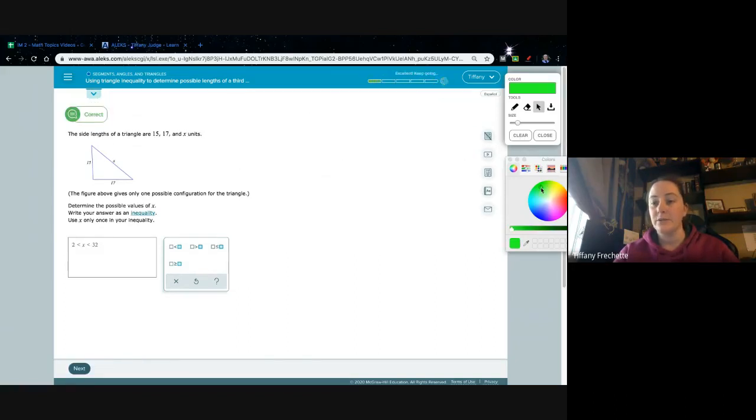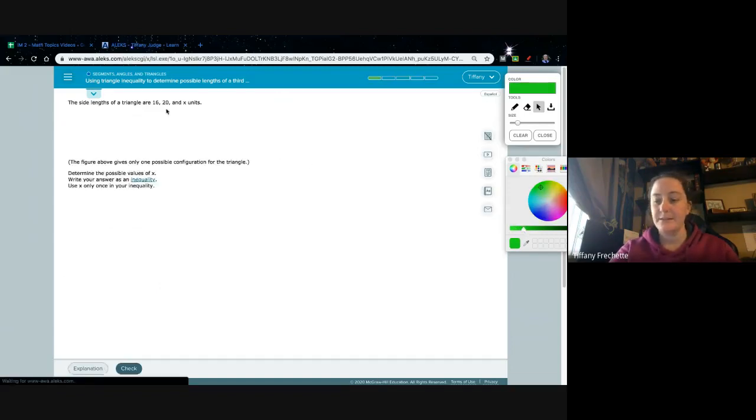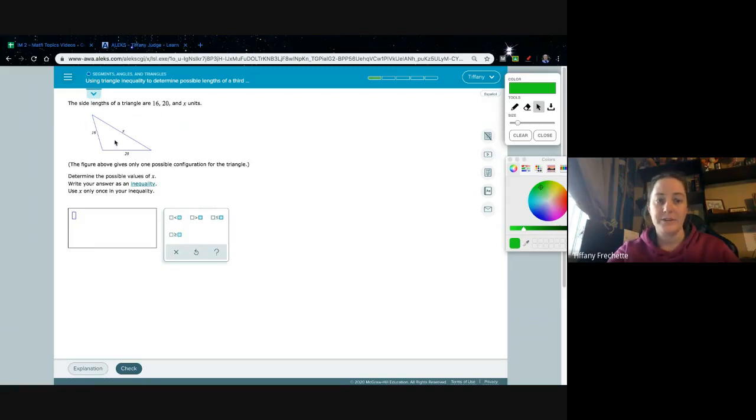All right, we'll do the next one in kind of a dark green here. Next. So, all right, so I'm going to start with my 2. So I have 16. Whoops, help if I hit the pencil tool here. 16 plus 20 is greater than x. And then I also have 16 plus x is greater than 20.